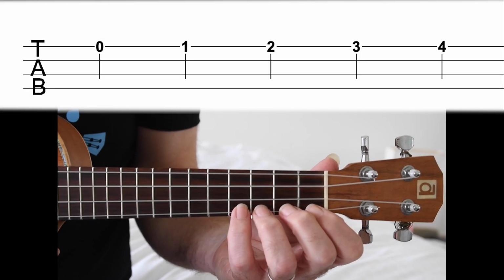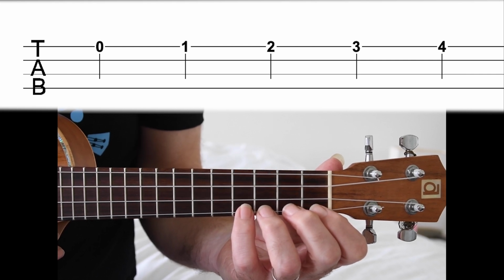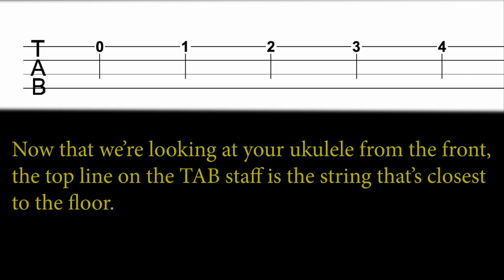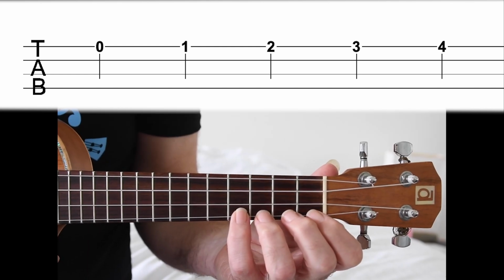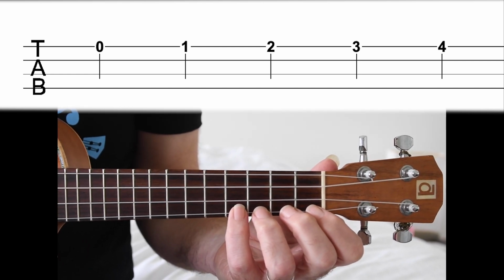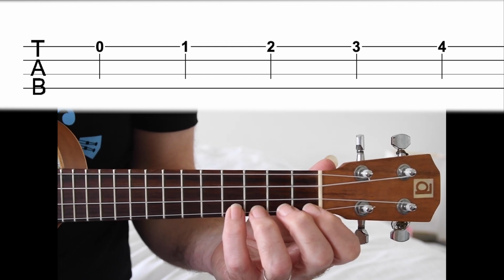So here is the top string, the first string, the A string of the ukulele. And the beauty of tablature, or tab, is that you don't need to know what any of the notes are. It's telling you where to put your fingers.